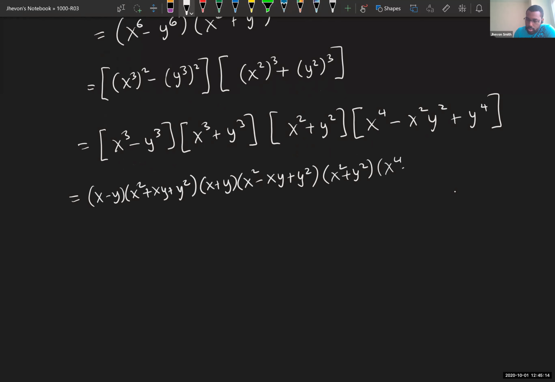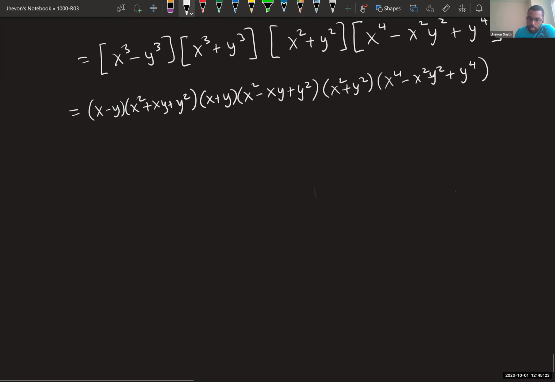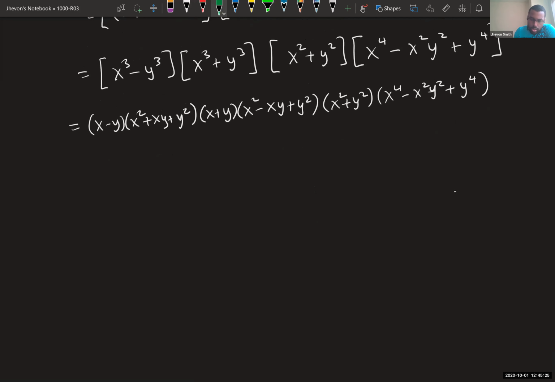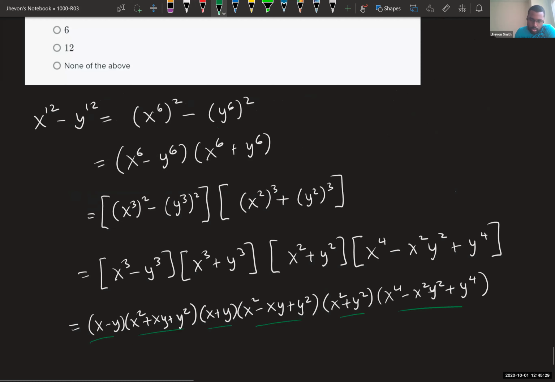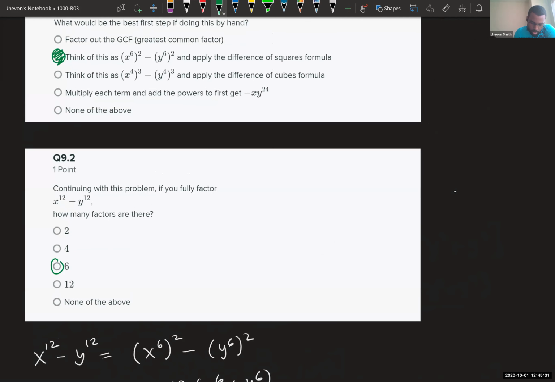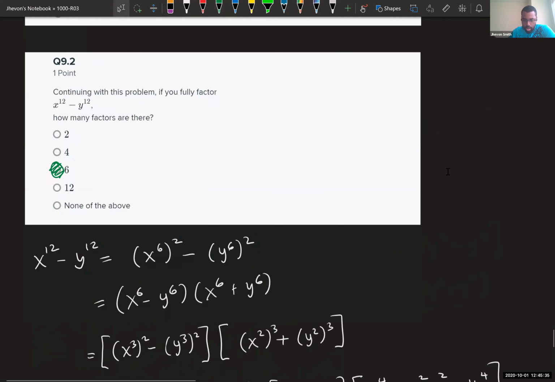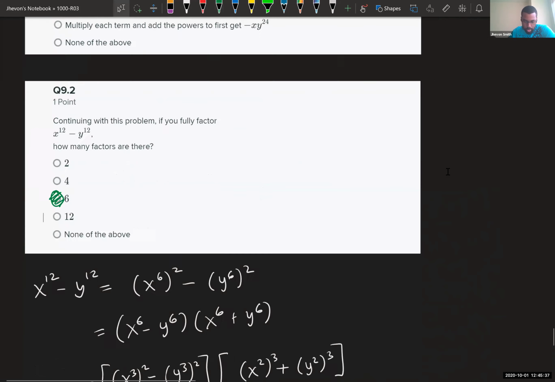This is x to the 4th minus x squared y squared plus y to the 4th. So we have 1, 2, 3, 4, 5, 6 factors. And that's how we'd fully factor this at this point.